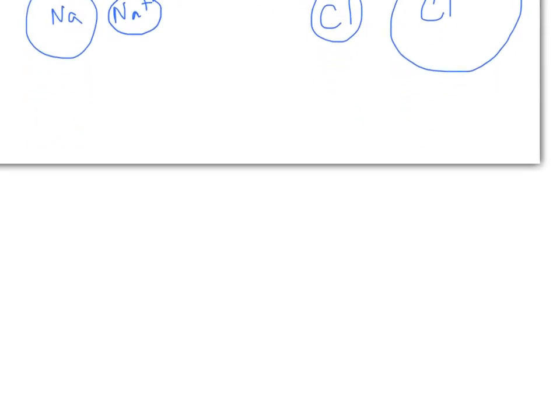If you are looking at ionic size across the periodic table, and again we're comparing them to their parent neutral atoms, let's look across a period. If we look at the third period, for example, we have sodium ion, then magnesium ion, and then Al3+.